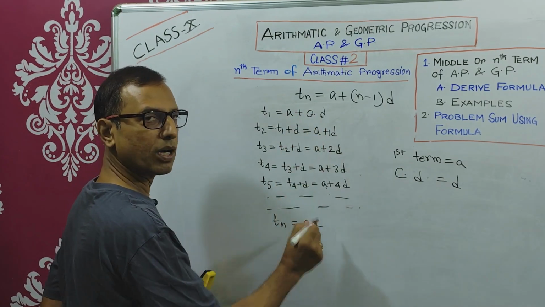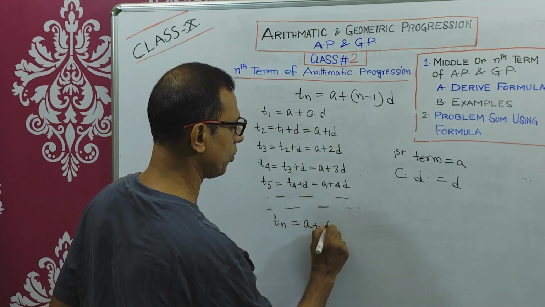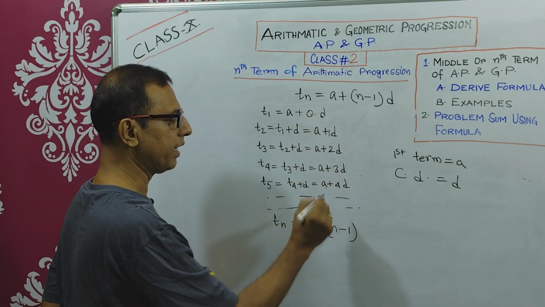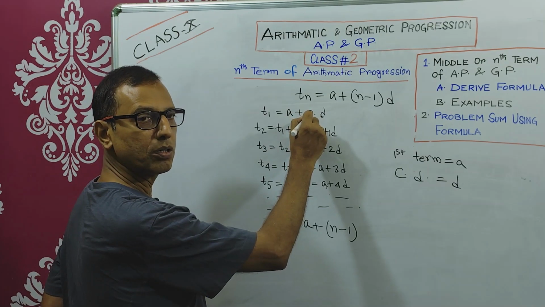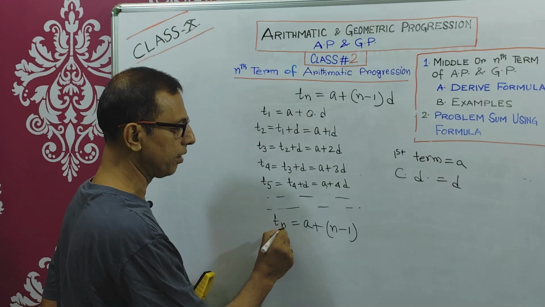Since it started from 0, the nth term will be n minus 1. If it started from 1, then the nth term should be n. But it starts from 0, therefore the nth term will be n minus 1. Tn is the nth term.